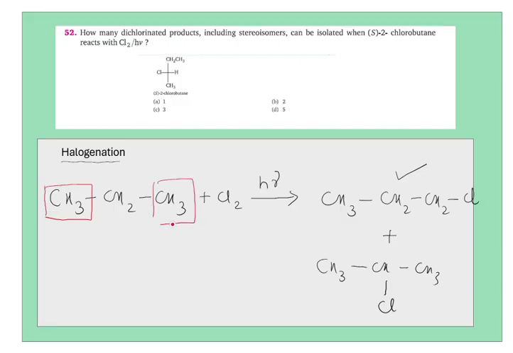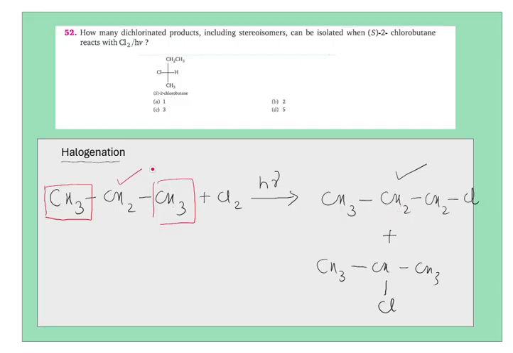What do you mean by symmetrical hydrogens? It means when you replace hydrogen either from here or here, you are going to get the same product, because both the methyls are attached to the same carbon and both are methyl groups. Hence, whether you remove from here or here, you are going to get the same product.